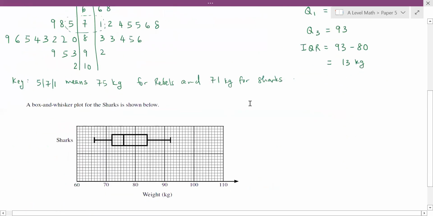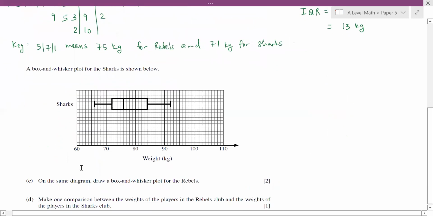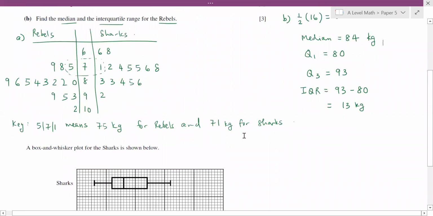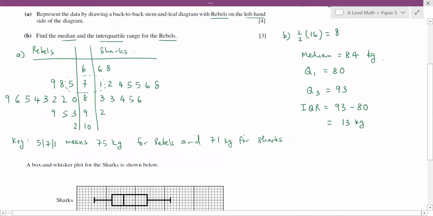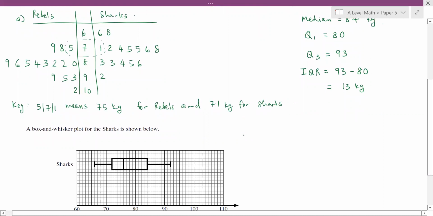A box and whisker plot is given below. And for part C, you need to draw a box and whisker plot for the Rebels. So let's look at the Rebels here. For the Rebels, your Q1 is 80, your median is 84, and Q3 is 93. So Q1 is 80, that will give us a Q1 here.